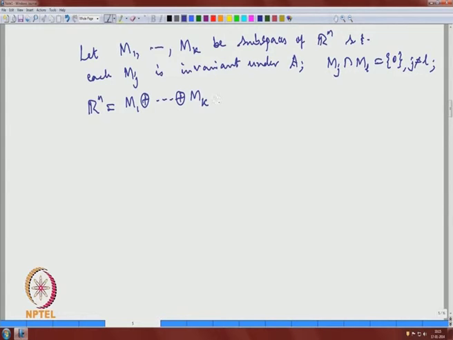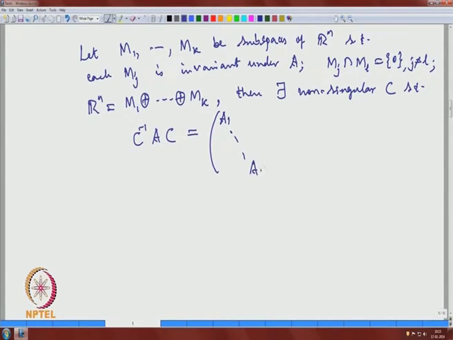With these conditions, there exists a non-singular C such that C inverse A C is block diagonal with A1 to Ak.